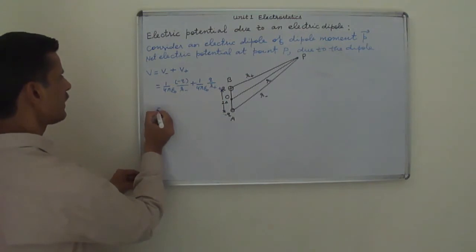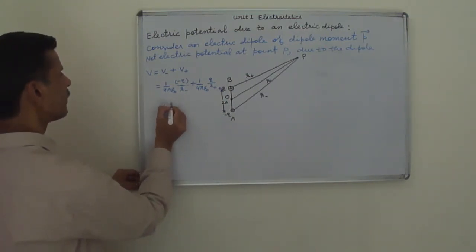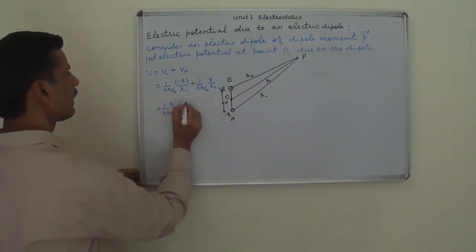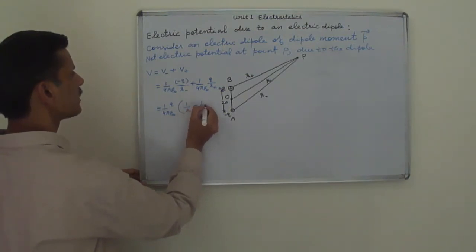So we can simplify it. It is equal to 1 upon 4 pi epsilon naught Q, and in bracket 1 upon R plus minus 1 upon R minus.